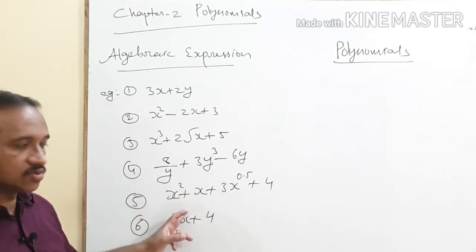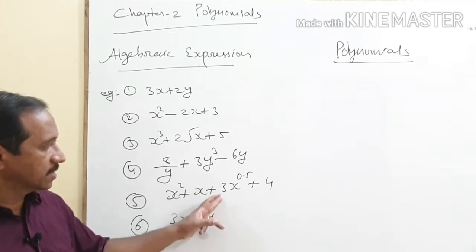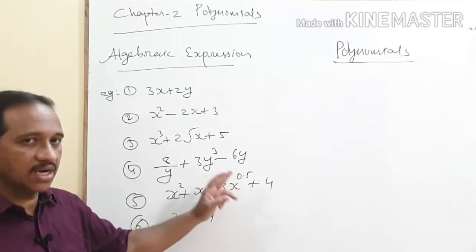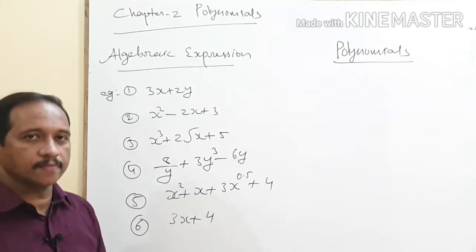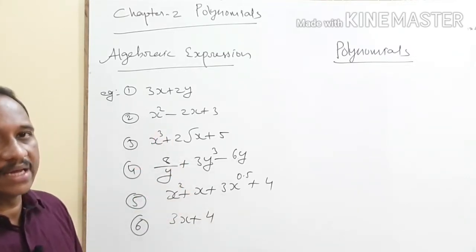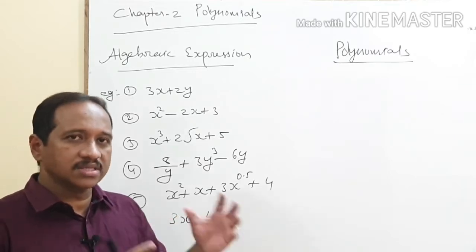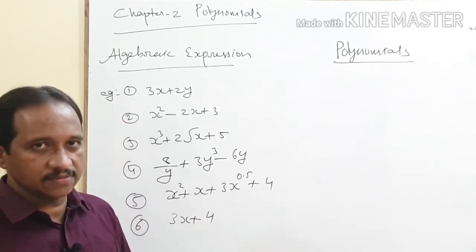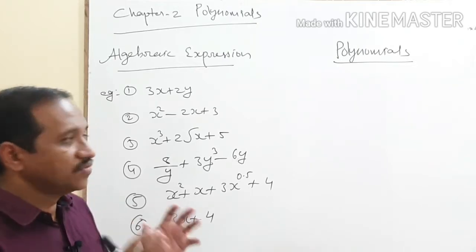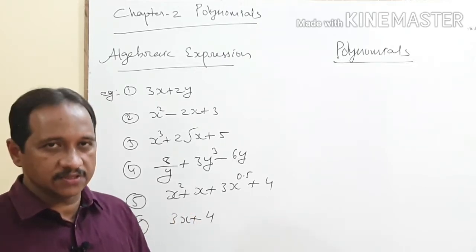Fifth one is x square plus x plus 3x raised to 0.5 plus 4. Sixth one is 3x plus 4. All these are algebraic expressions. Among these, few are polynomials and few are not polynomials. So let us find out which of them are polynomials.